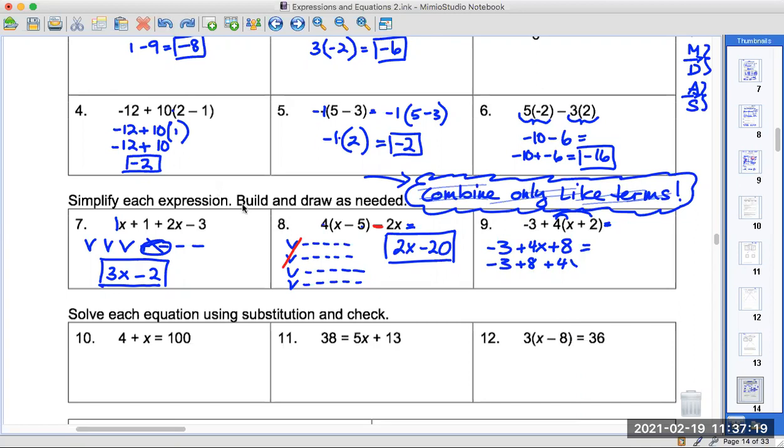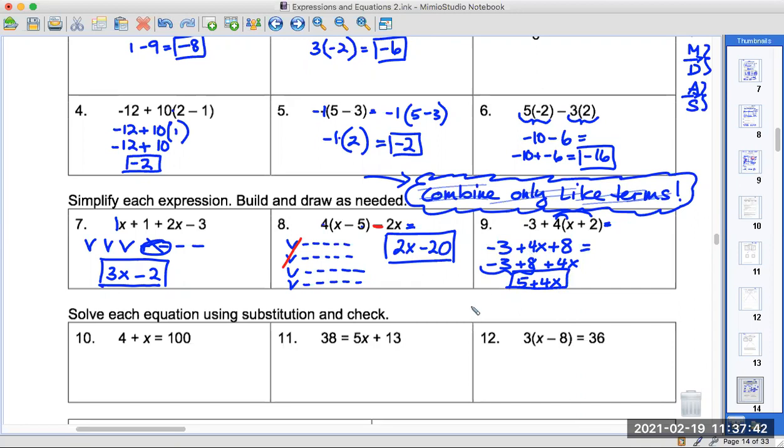You don't have to, but it sometimes helps. Make sure the signs, the pluses and minuses stay in front of the number. They have to stay with the number. Negative 3 plus 8 is 5. And that's the answer.